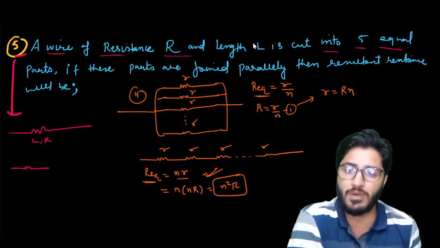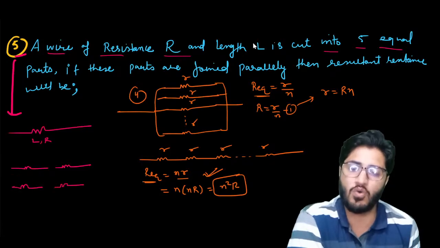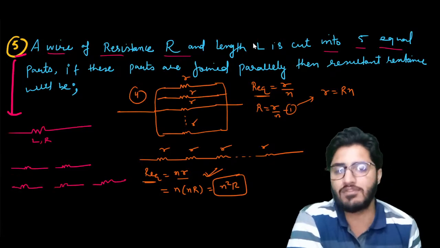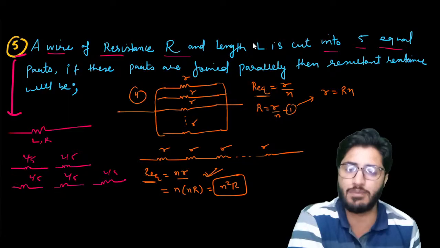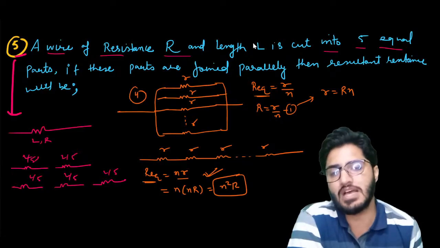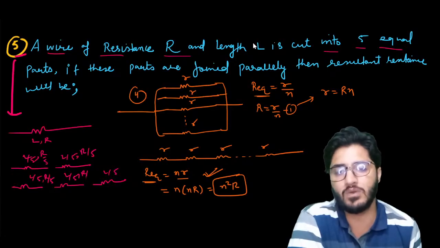So one equal part, 2, 3, 4, and 5. The length of each will be L by 5. If the resistance is R, it will become R by 5, because resistance is proportional to the length.